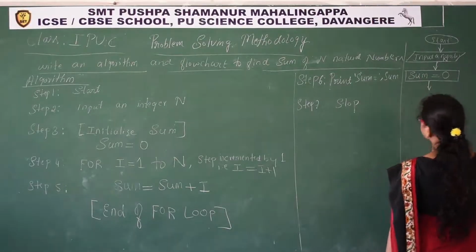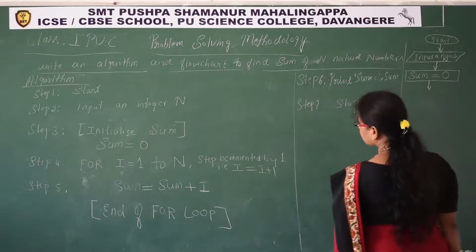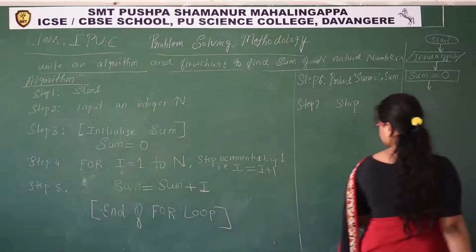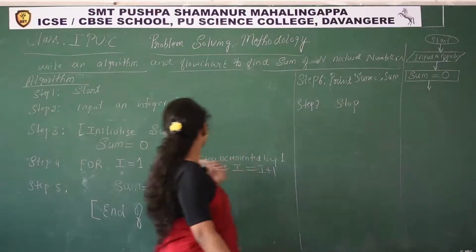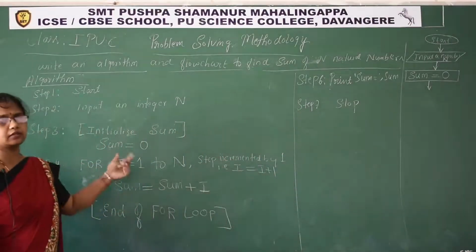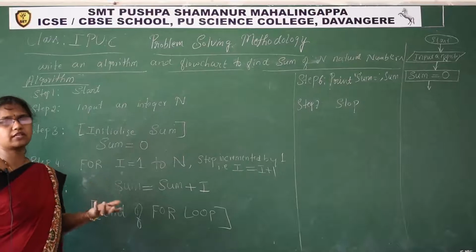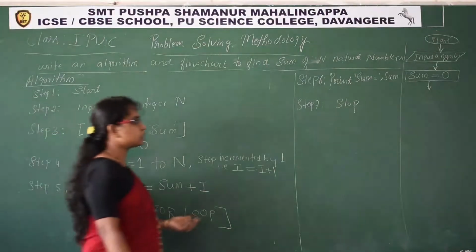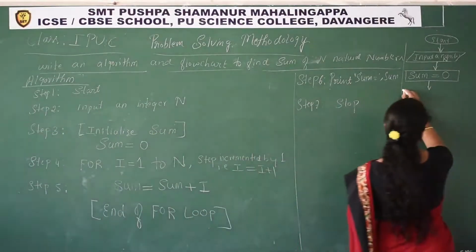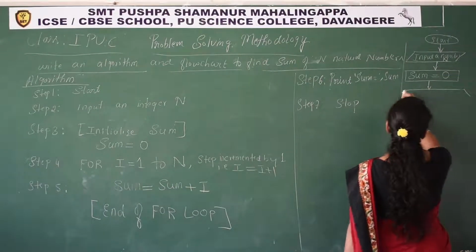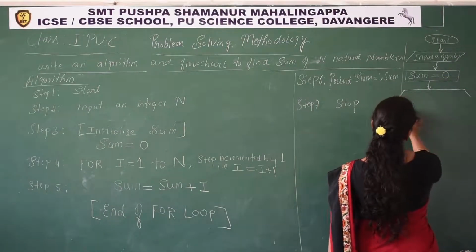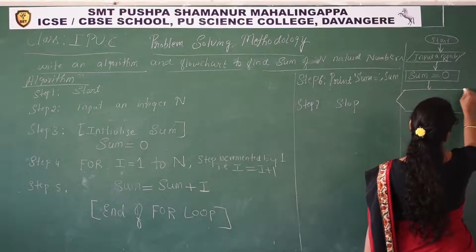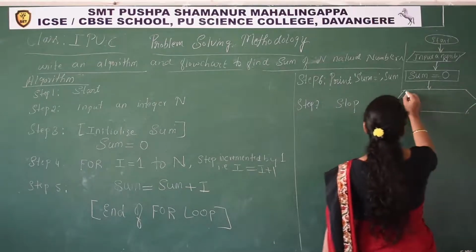Next, for loop. See, I had shown you in the chart, that is flow chart symbols. Hexagonal was there, no? Hexagon. That is for loop. How to write?